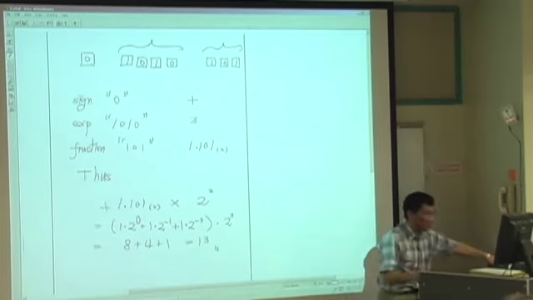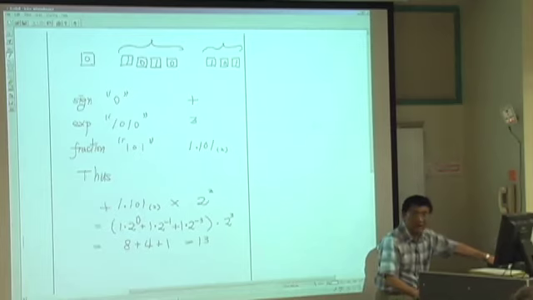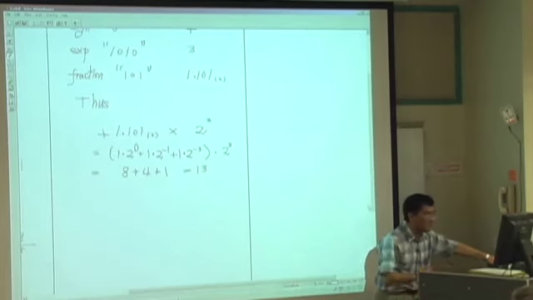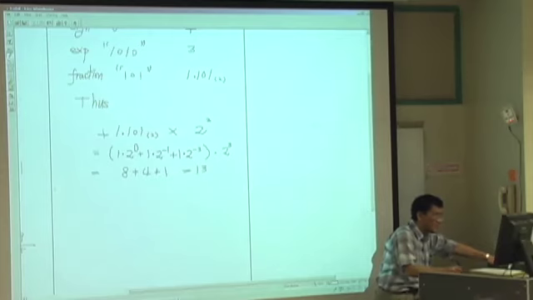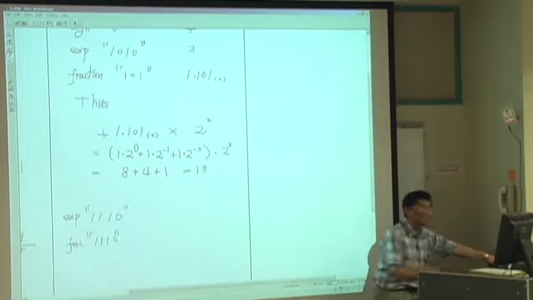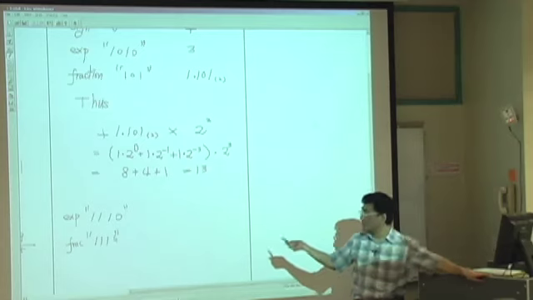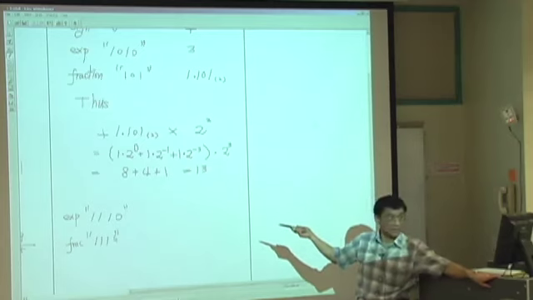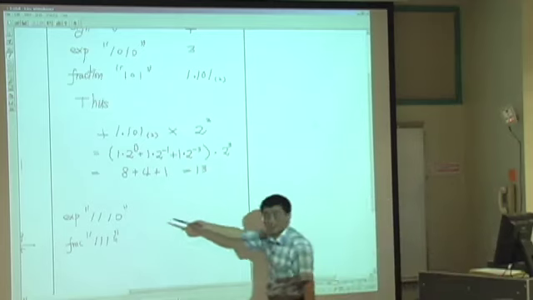The biggest number, in magnitude without considering sign: the biggest exponent is this one, and the biggest fraction is this one. Can it be any bigger than these or not? It cannot be any bigger than these things.